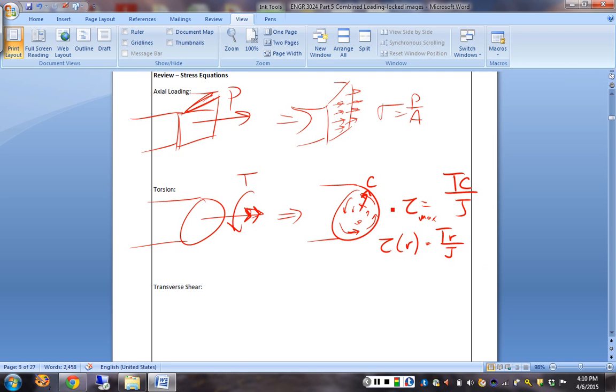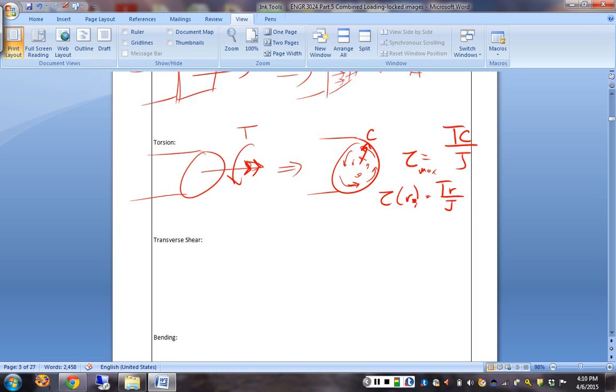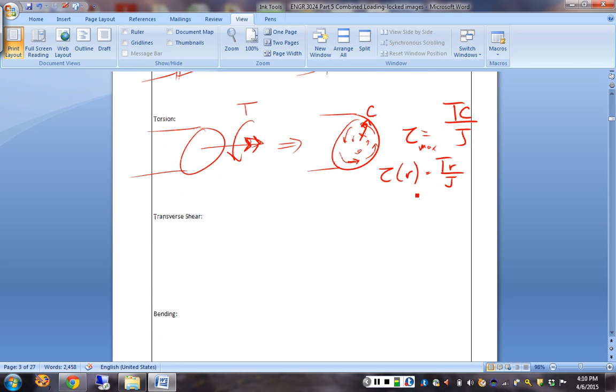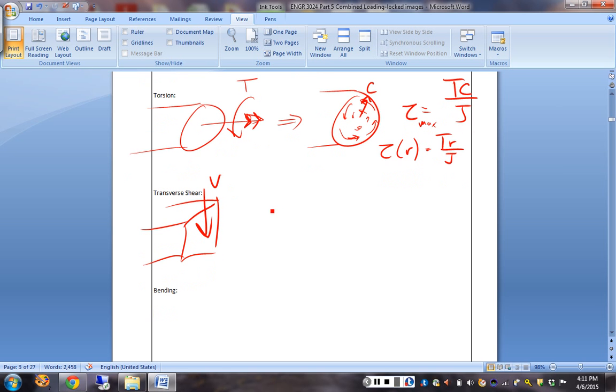So we got one normal stress, we got one shear stress. Now the transverse shear, that's like the trailer hitch. That is a shear along the face. And that results in what kind of stress? The shear force results in a shear stress.